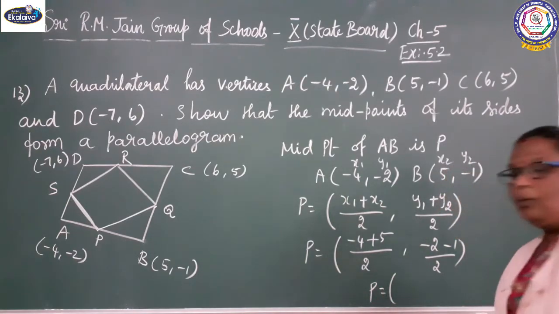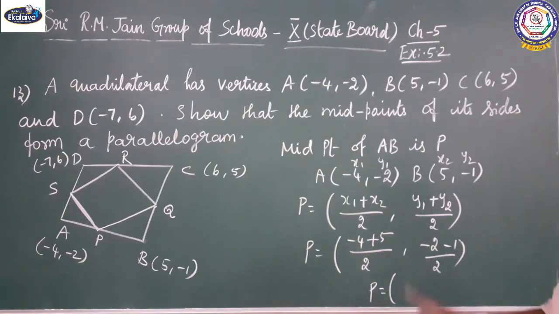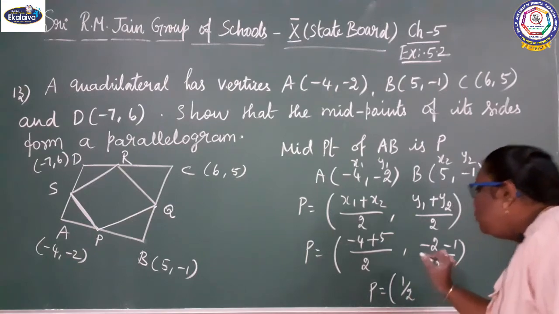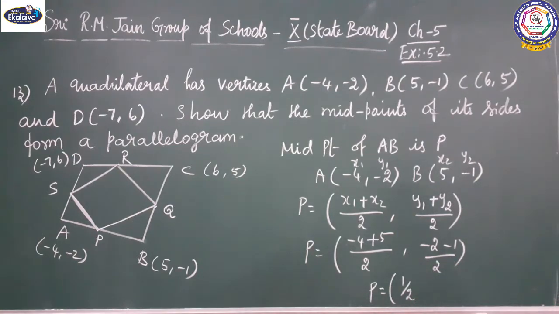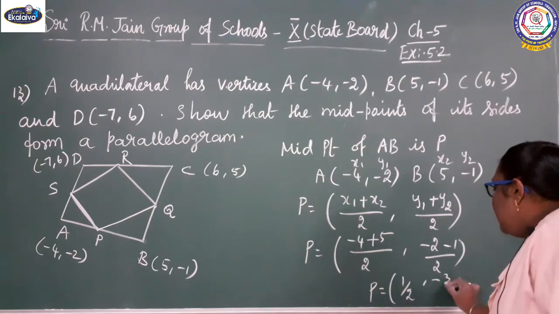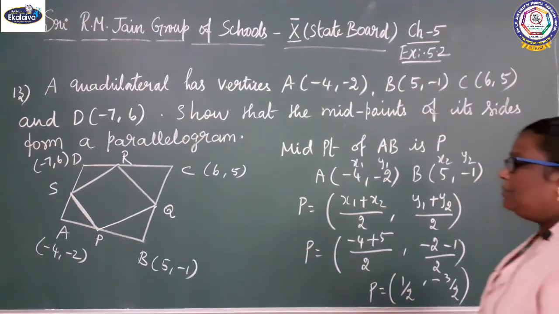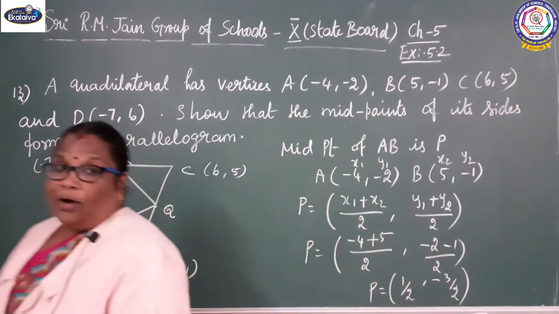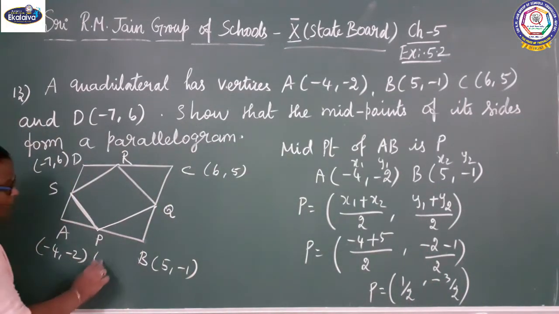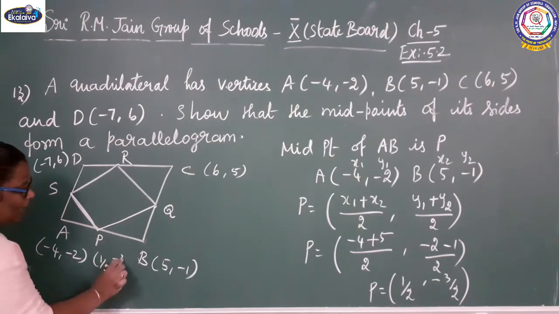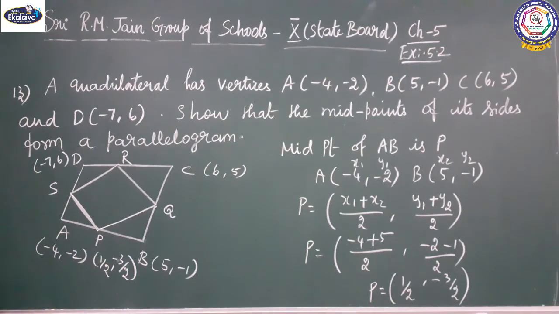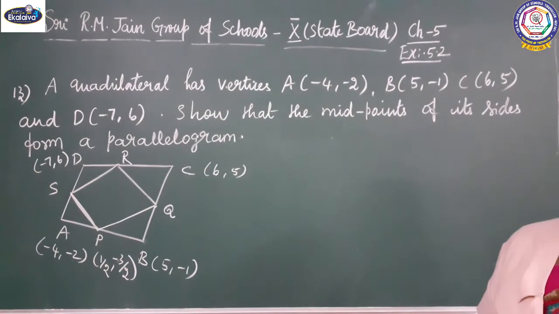P equals 5 minus 4 by 2 is 1 by 2, comma, minus 3 by 2. This is the value of P: 1 by 2 comma minus 3 by 2.